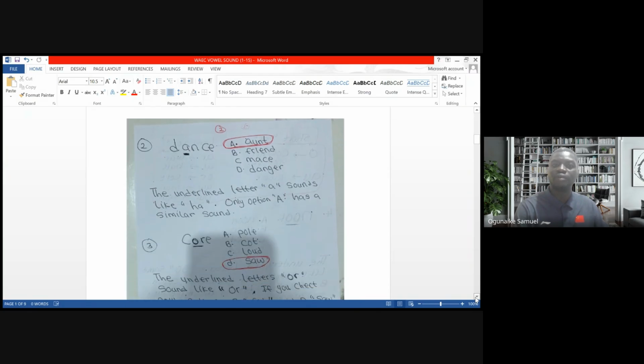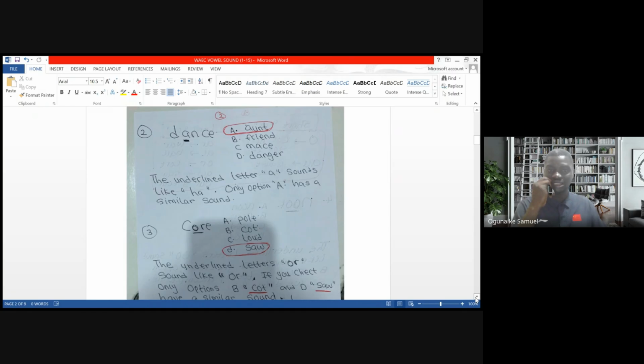Take, for example, we have this one, dance. And in dance, only letter A is underlined. So what does it mean? The underlined letter, which is A, sounds like ah. Only option A has a similar sound. Ant. Friend doesn't sound like ah. Maze. Danger.